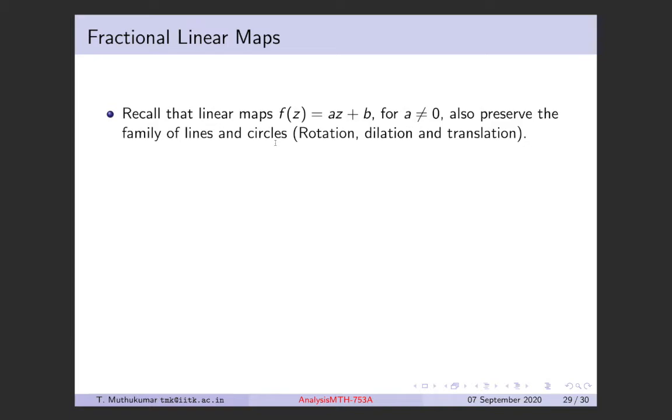Why? Because we have already seen that complex multiplication is rotation and dilation, and plus b is translation. So this map can rotate, dilate and translate. If you take any line or a circle and rotate, dilate and translate, you are going to get a line or a circle. So this map also preserves them. You can also give a proof like the previous slide's proof.